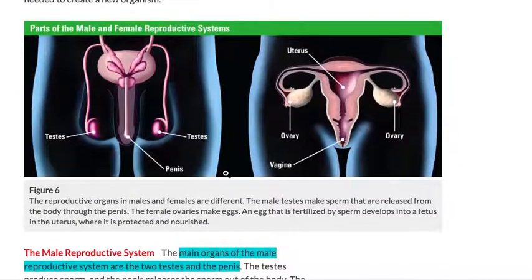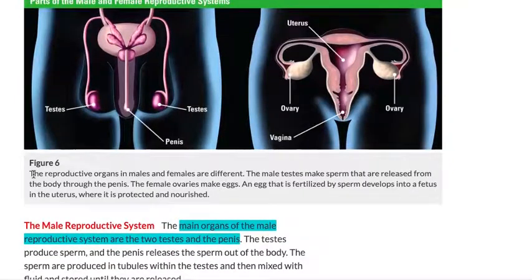And so here, figure 6 points out the male and female reproductive systems. In the biological male reproductive system, you'll have 2 testes and a penis. And in the biological female reproductive system, you'll have a vagina, 2 ovaries, and a uterus.